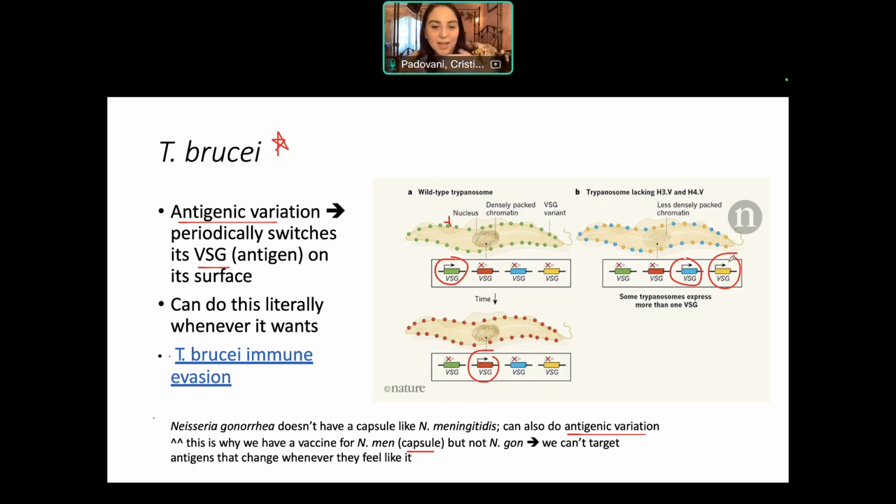Evolution would make it so there's a new VSG being made. You'd have to make a vaccine that could cover all potential VSG antigens, whatever it would be called in gonorrhea, and it's just not feasible. That's why we don't have a vaccine against gonorrhea, but we do have one against meningitis. And obviously there's no vaccine against T. brucei for the same reason.